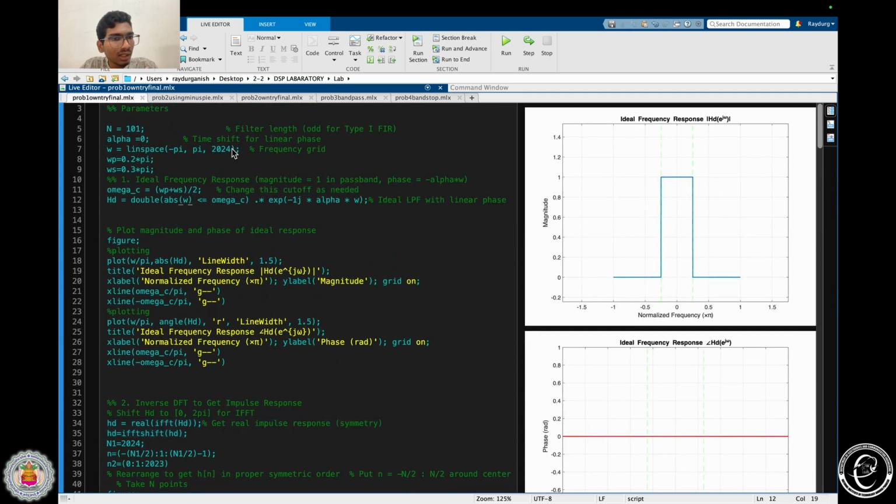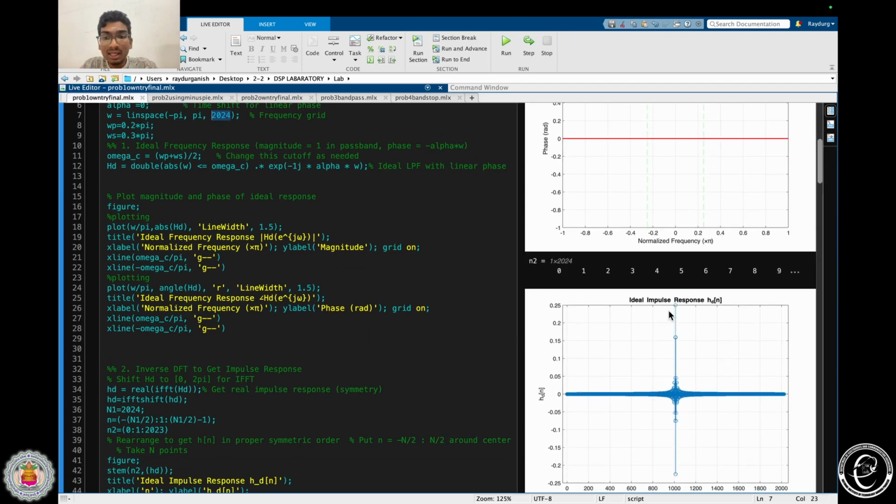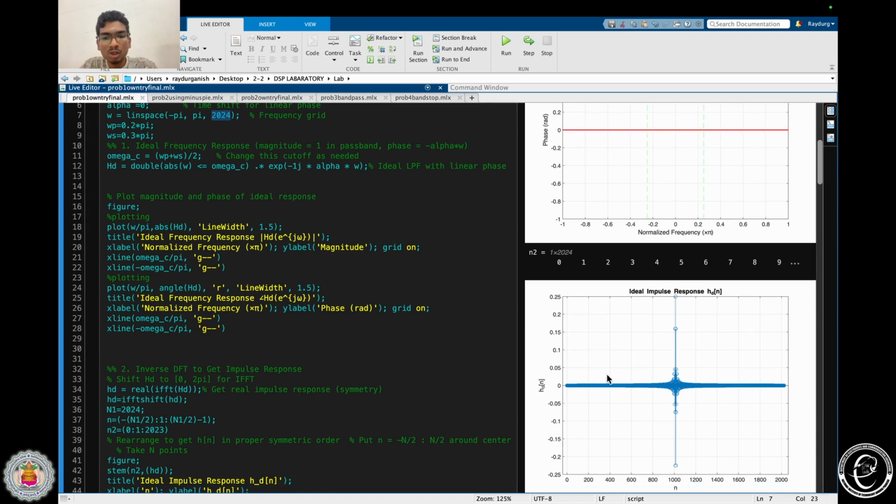Here you can see I have taken 2024 samples from minus pi to pi in the ideal frequency response. Similarly, in the ideal impulse response, that is in the time domain, I will be getting the same 2024 samples.